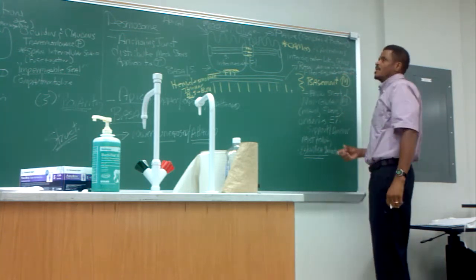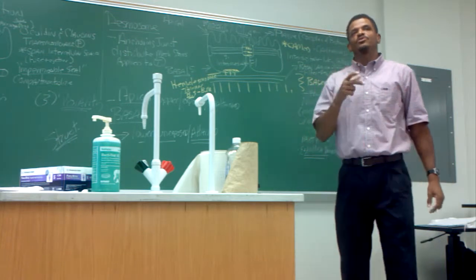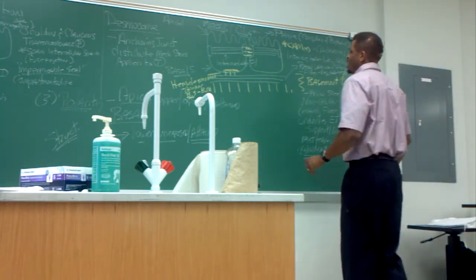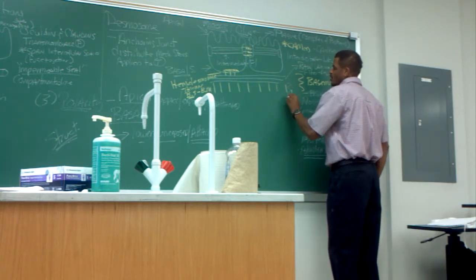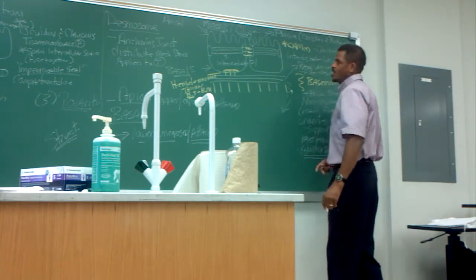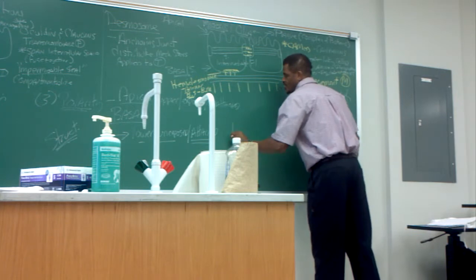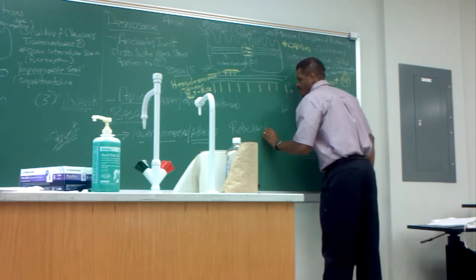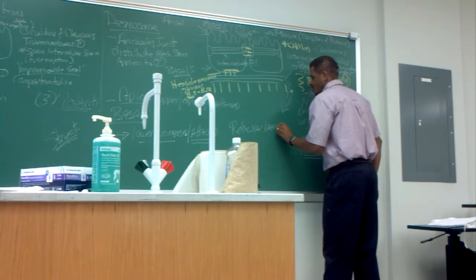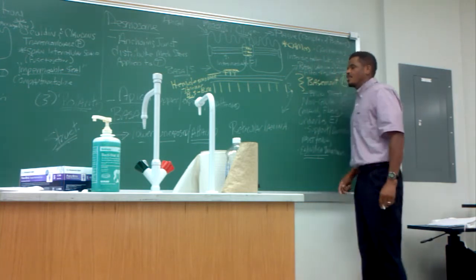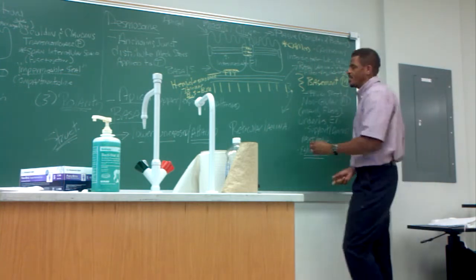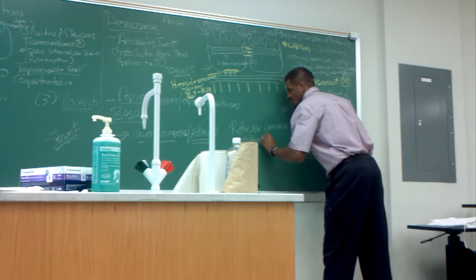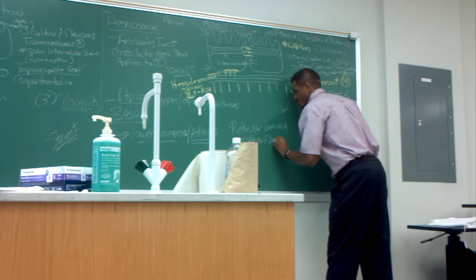Then we have the lower layer of the basement membrane. It's called the reticular lamina. The reticular lamina consists primarily of collagen fibers, and the collagen fibers are secreted by fibroblasts, cells associated with what?